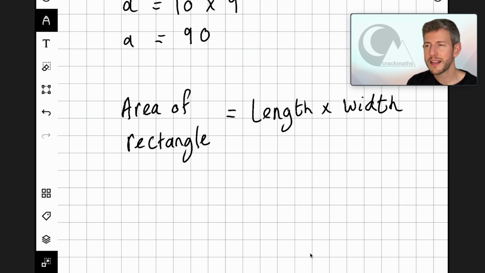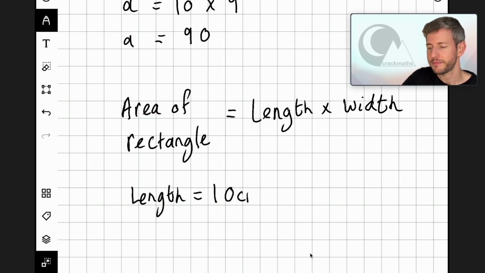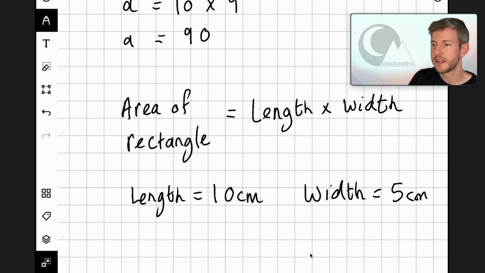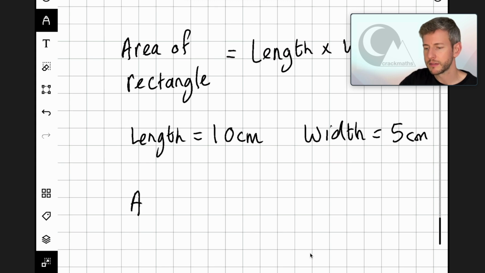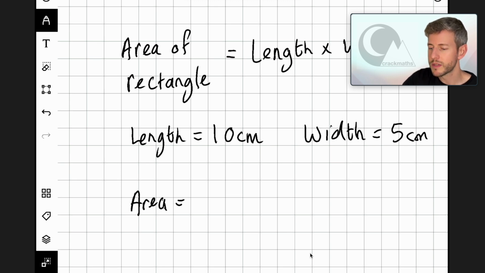Okay, so let's say we're told the length equals 10 centimetres and the width equals 5 centimetres. So if this is the case, we know that the area equals length times width.